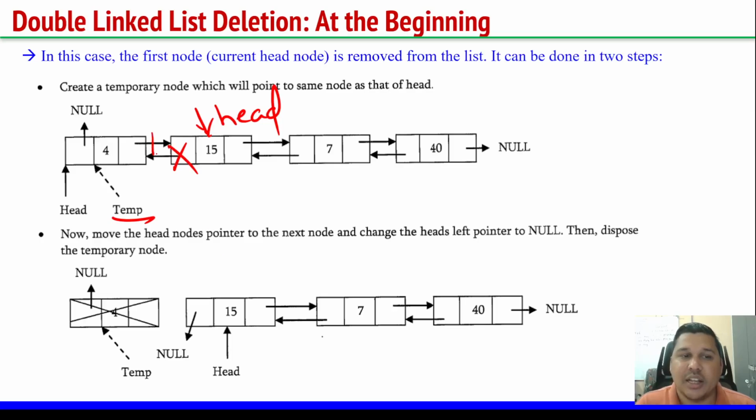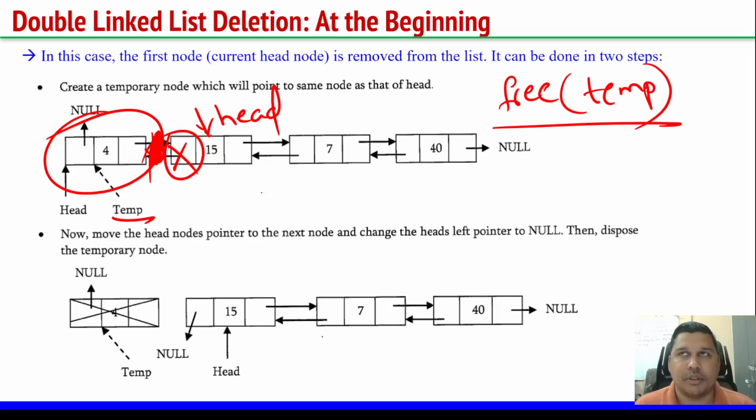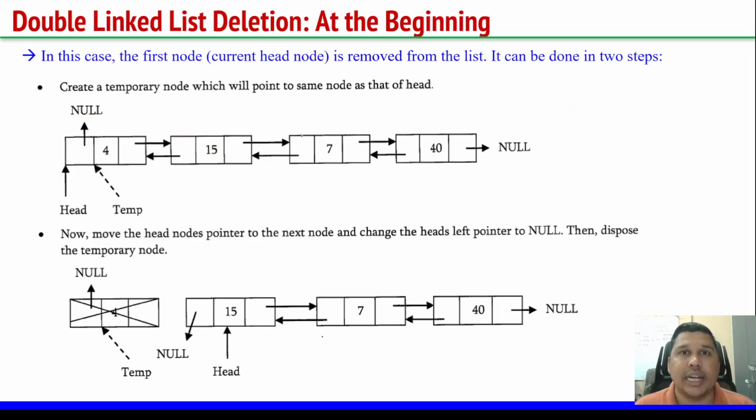When this is made null, these connections are broken, and then you use the free function to delete the memory allocated for that particular node using the malloc function. We allocate memory using malloc, and we delete it using free of temp. This is how we delete an element from the beginning of a double linked list.